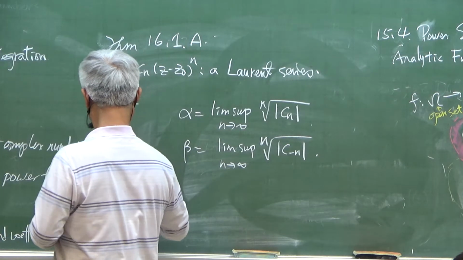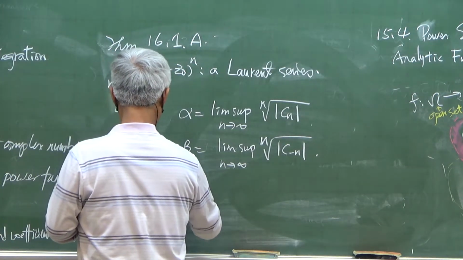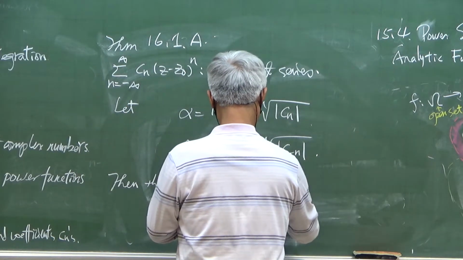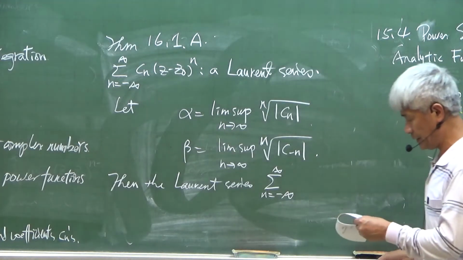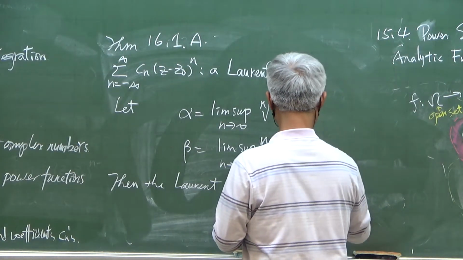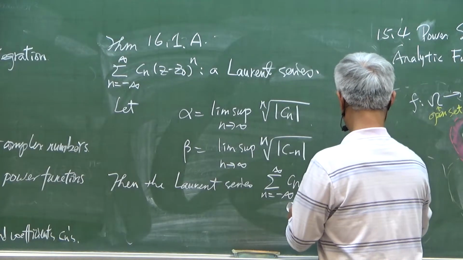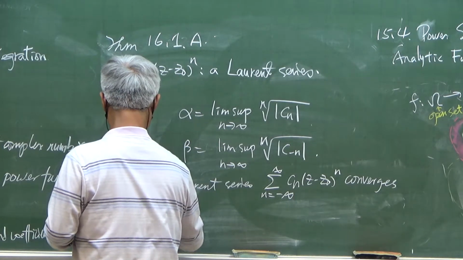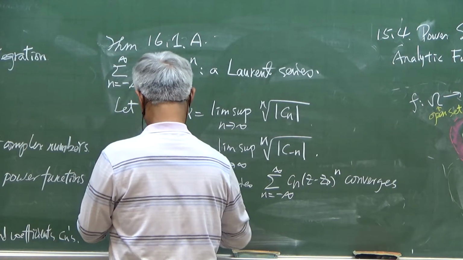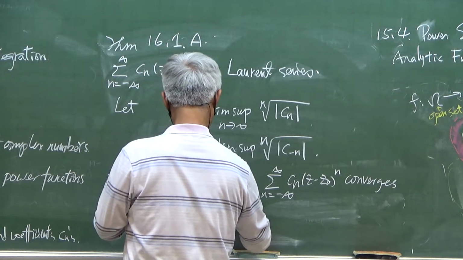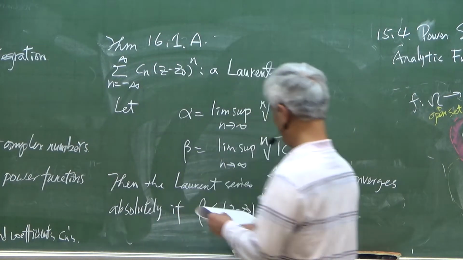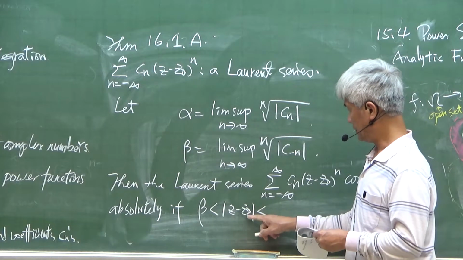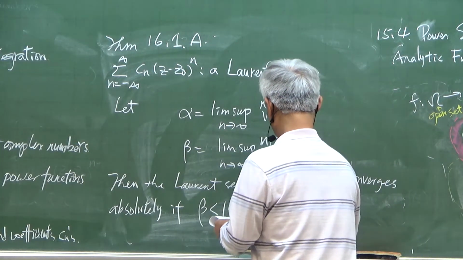Right, then the Laurent series, n from minus infinity to infinity, c_n (z minus z0) to the nth power, converges absolutely, okay, absolutely, if beta is less than |z minus z0|, the distance of z to z0, which is less than 1 over alpha.